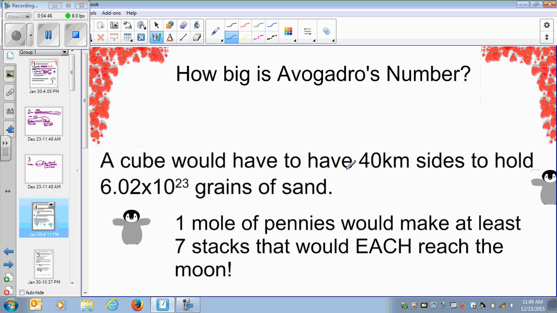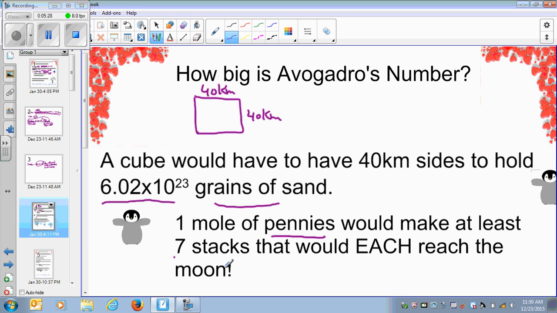A cube would have to have 40 kilometer sides to hold this many grains of sand. This is giving you a concept of how big the number is. If you take a cube and you want to fill it with sand, you need a cube 40 kilometers big to fill it with this many sand grains. 1 mole of pennies would make at least 7 stacks that would each reach the moon.